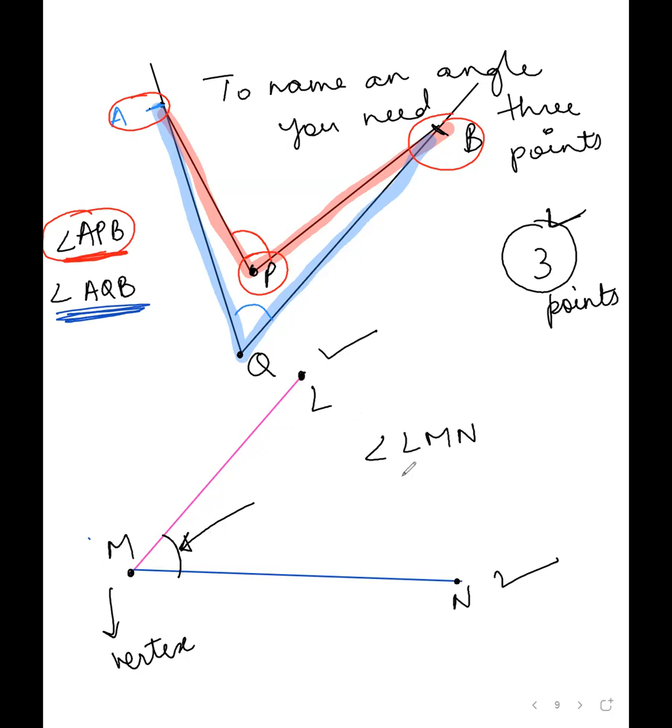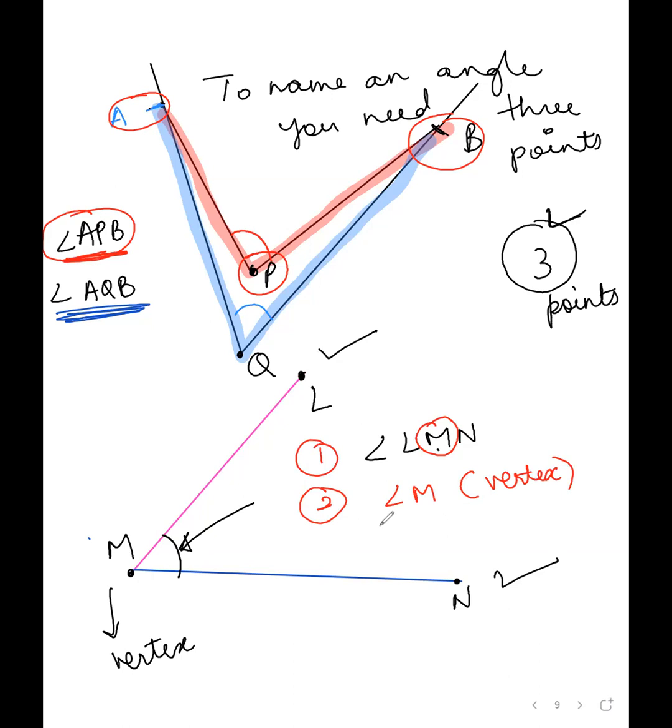Because the starting point is L, the vertex is M, and the ending point is N. The middle letter over here is the vertex. So this is one way of naming the angle. The other way of naming an angle is just to say angle M, when we are mentioning only the vertex.